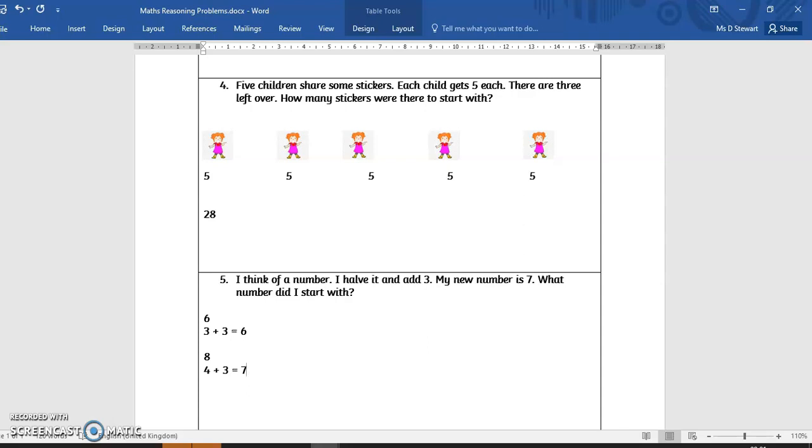But the other way to do these is to go backwards. So if I go backwards, so my number is 7, I added 3, so I'm going to take it away. So do the opposite, take away 3. 7 take away 3 gets me to 4.